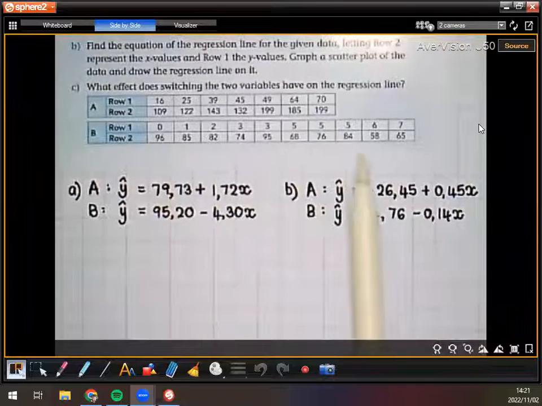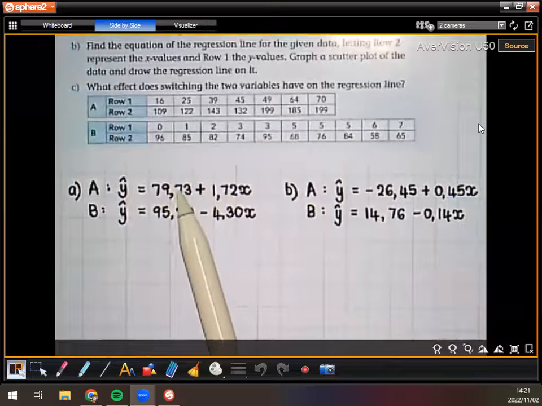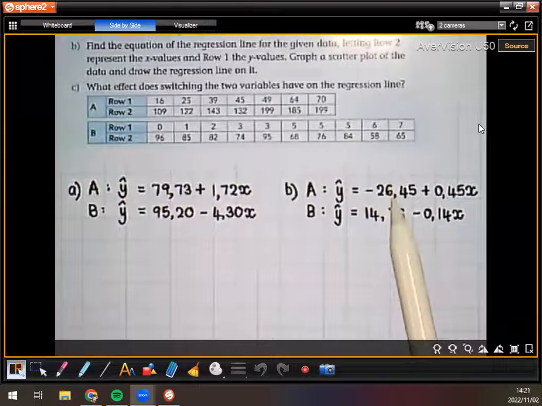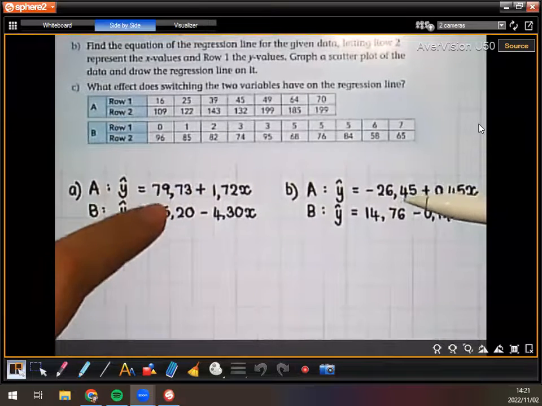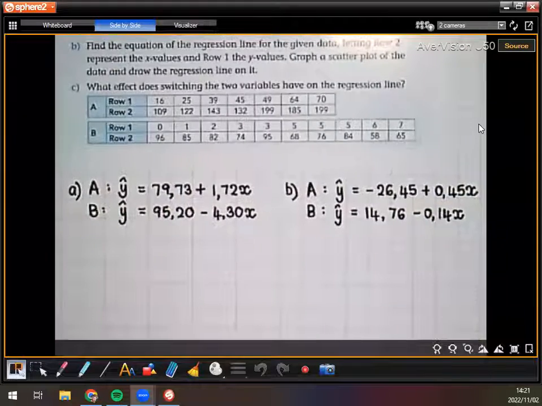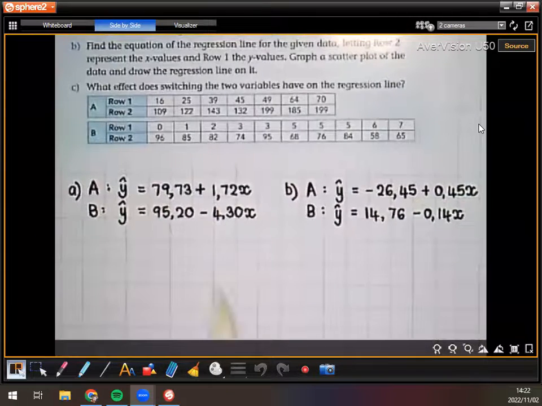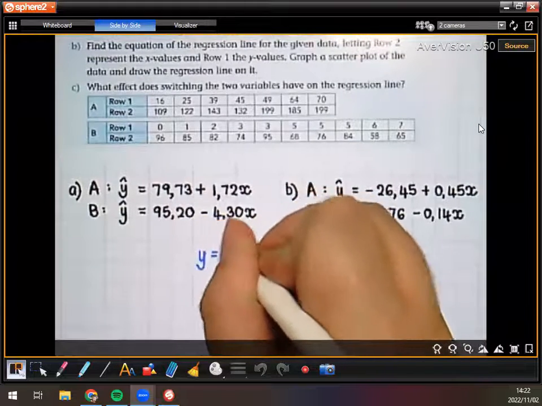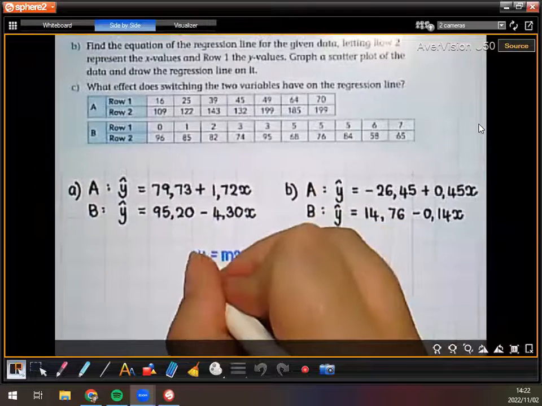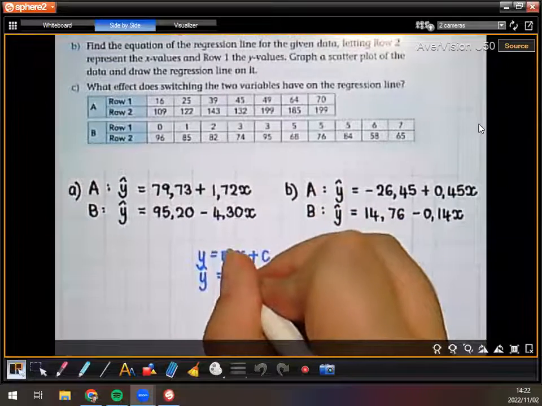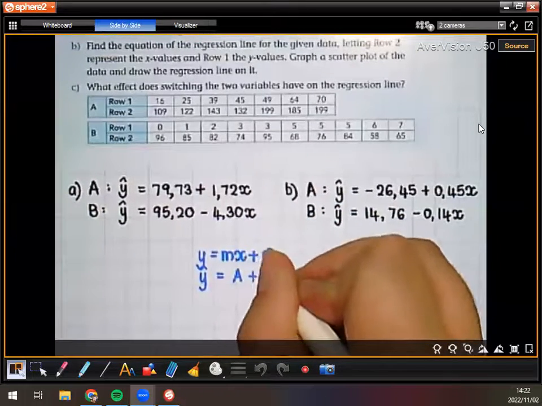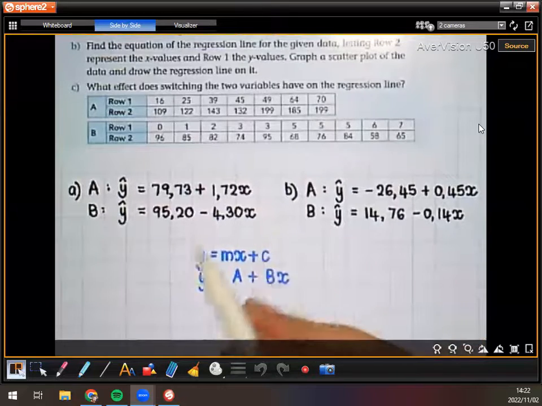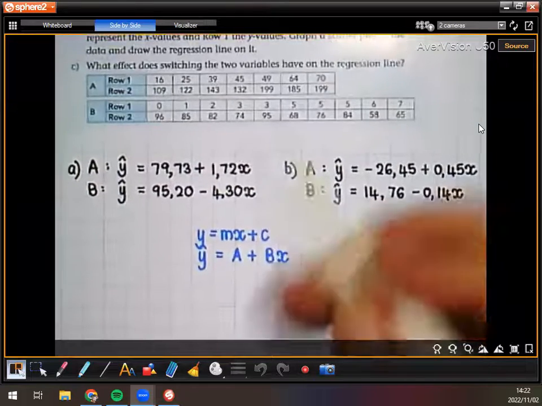So our a value here is quite a big positive number. Here it's a negative number. What does this represent, guys? If you just think about a straight line graph. The constant term, the one that's not with the x, I'm thinking in terms of y equals mx plus c, and then we have y equals a plus bx. This is the straight line equation that we have worked with before.